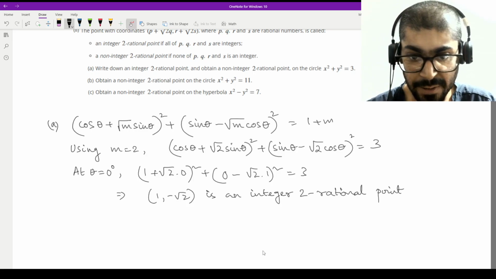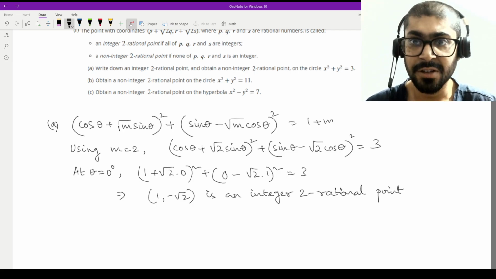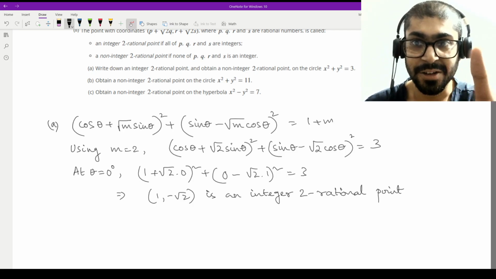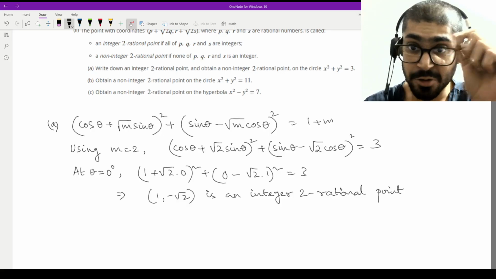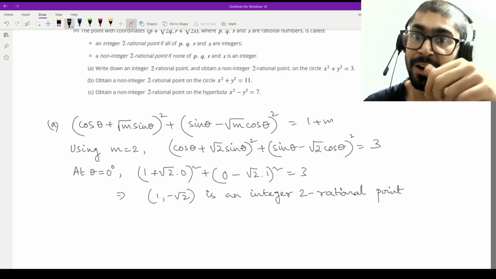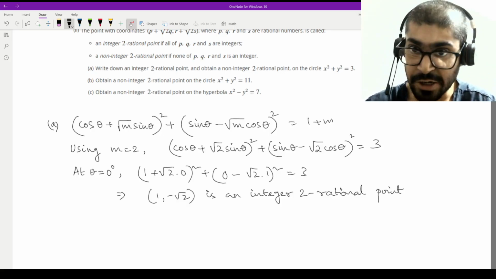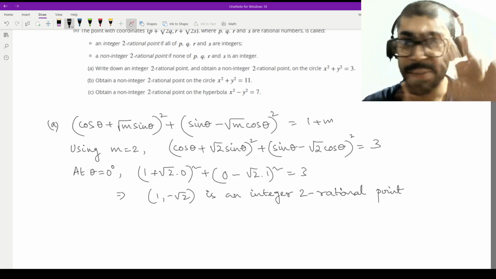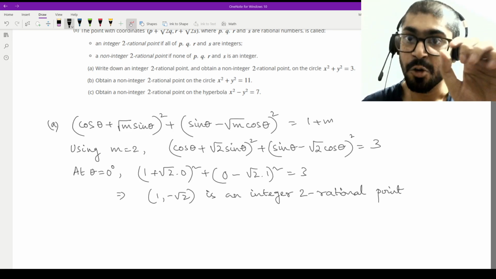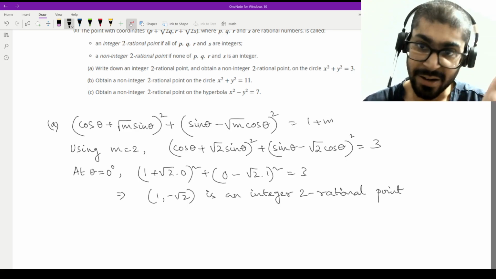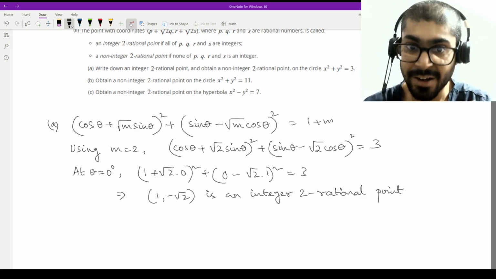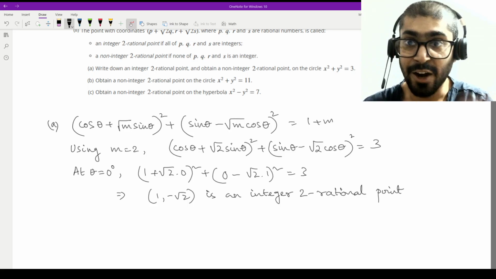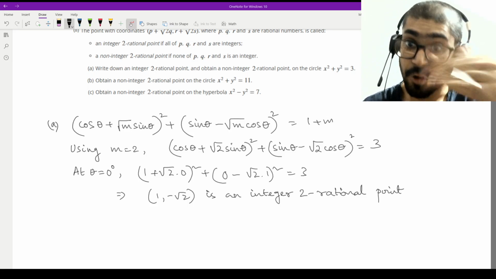Now there might be a bit of confusion because there are no integers in our solution. Well, 1 is an integer, but minus root 2 is not an integer. Remember, in the previous section in the last video, we looked into the vanilla a comma b coordinate system, where a and b were the values in the coordinates. Here, the values in the coordinates are not the values of the solution. They are the coefficients.